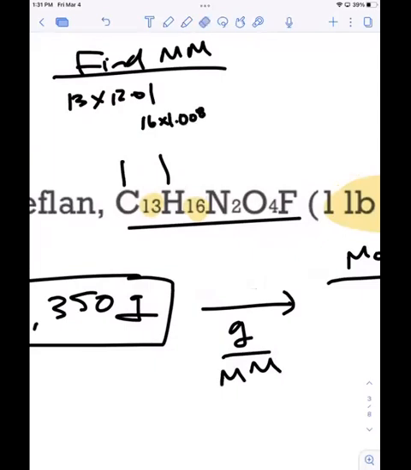And then we got 2 nitrogens, so it's going to be 2 times 14. Got 4 oxygens, so that's going to be 4 times 16 or 15.99. And then 1 fluorine, which is 19. 1 times 19.